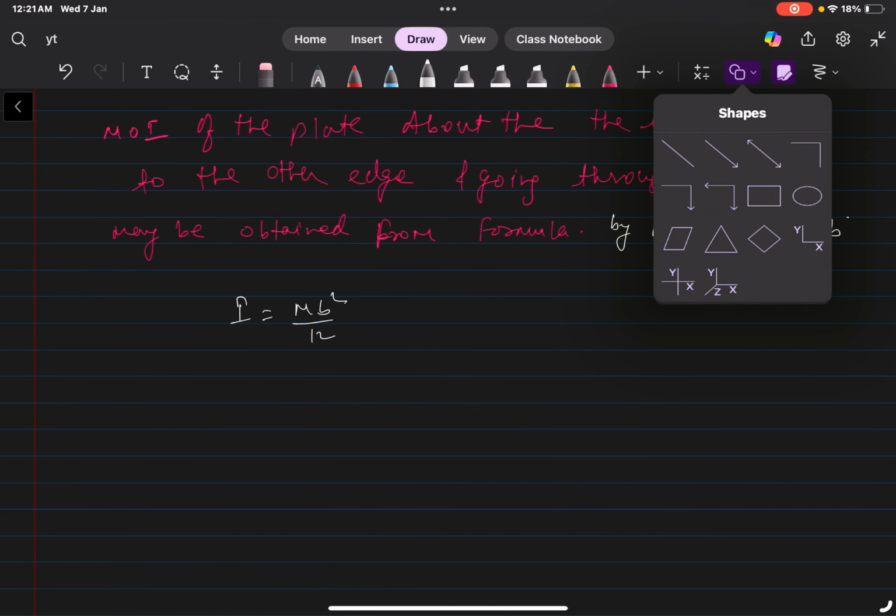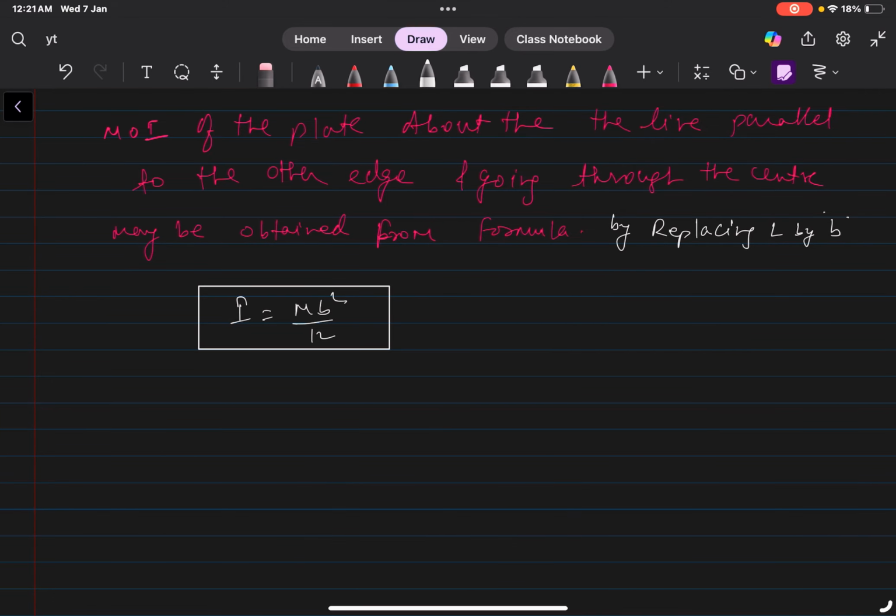This is the moment of inertia of the rectangular plate which we are discussing right now.